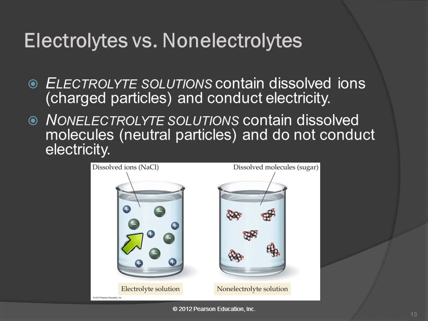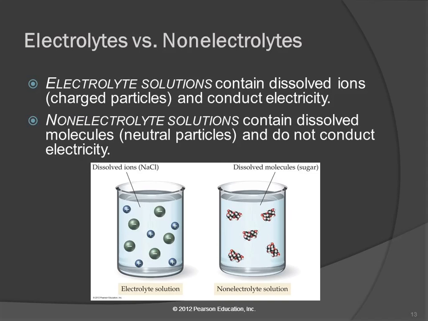In order for electricity to move through this solution, we have to have charged particles. And so this is called an electrolyte solution. Electrolyte solutions conduct electricity. And this other one is a non-electrolyte. It contains dissolved particles, but it doesn't conduct electricity. And when the Gatorade people tell you that they're replenishing your electrolytes, they are talking about the same sort of thing here.